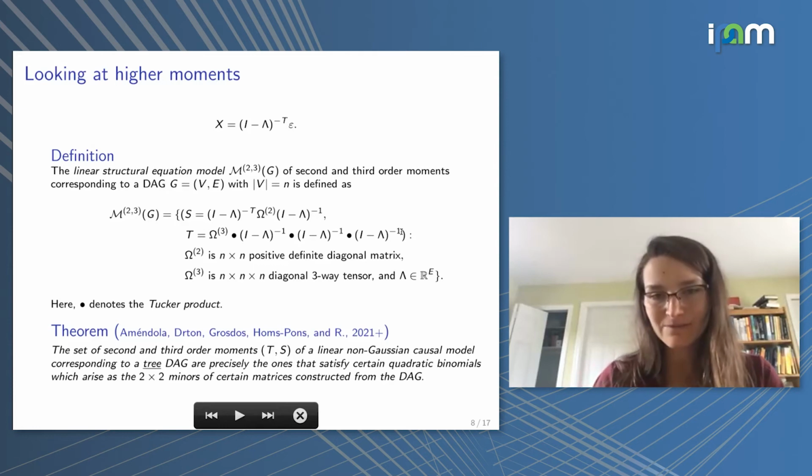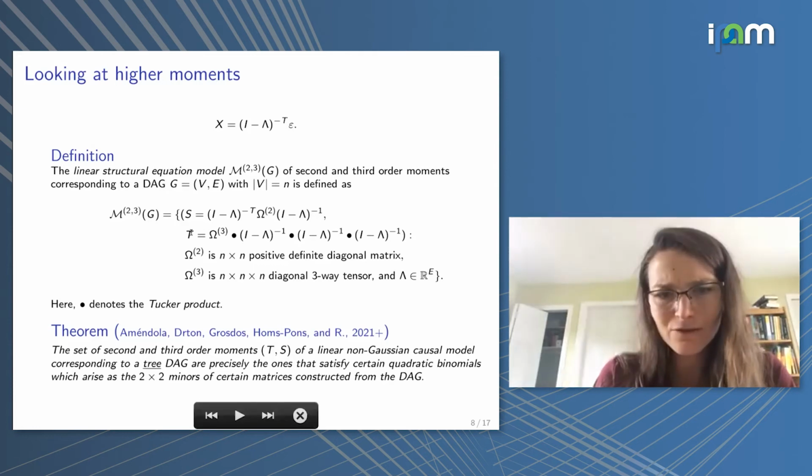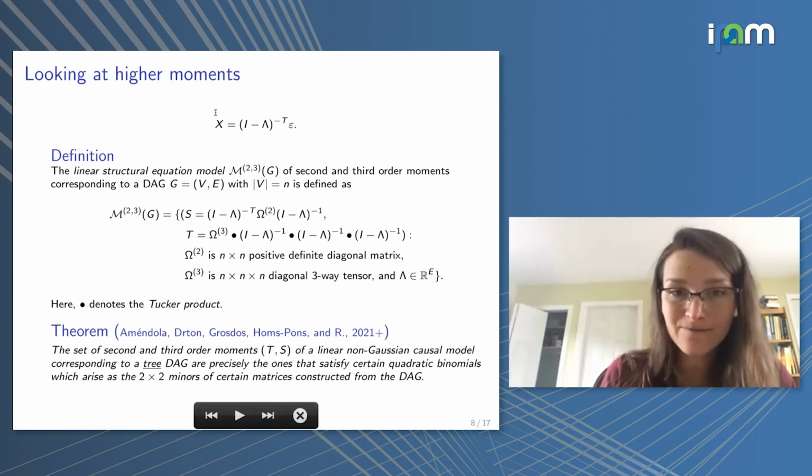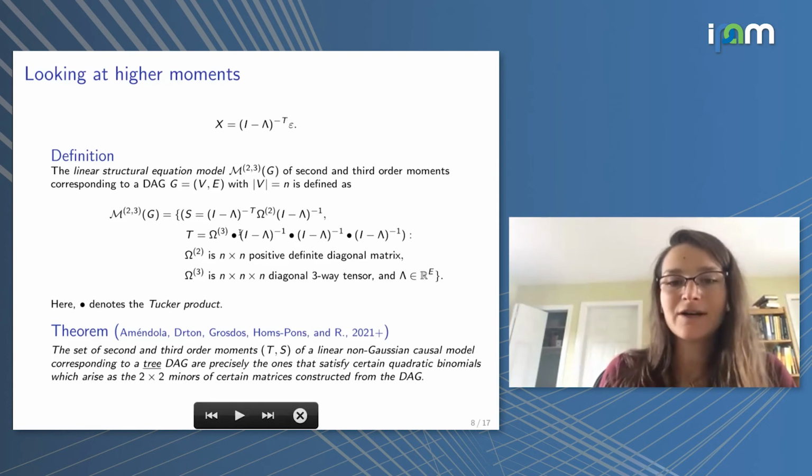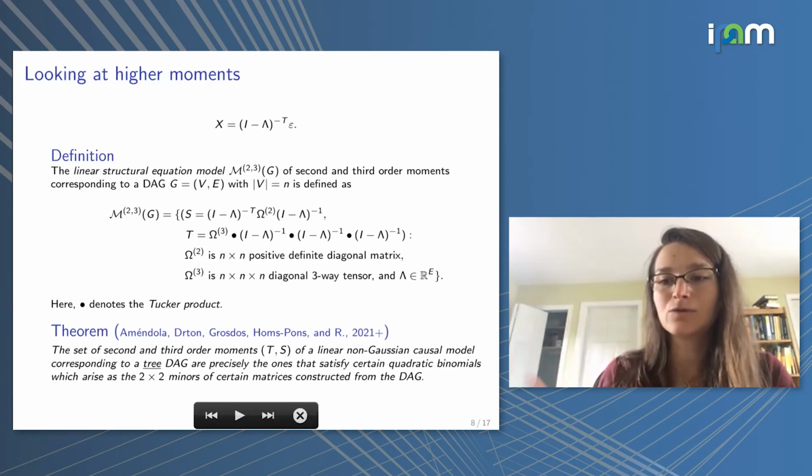Let me explain what this means. T is the third moment of X, and it equals omega 3, the third moment of epsilon, with a Tucker product by (I minus lambda) inverse along each of the 3 modes. This is what the third moment of X is.